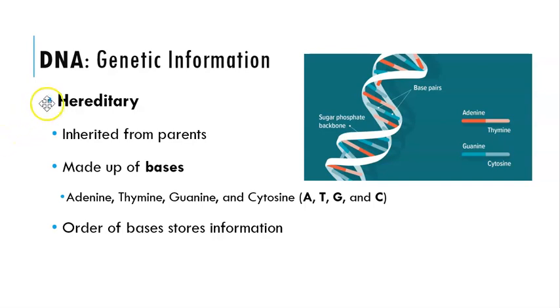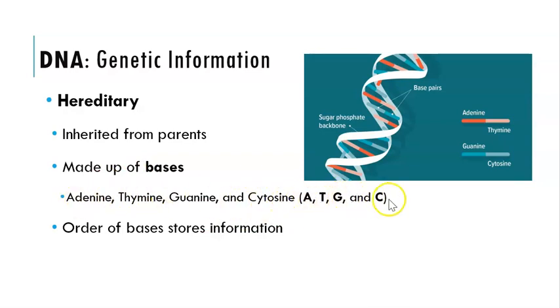So what we'll talk about is hereditary. So hereditary means something that is passed down from parents. DNA itself is made up of what we call bases. So there's 4 different bases, A, T, G, and C. You don't need to know their full names.